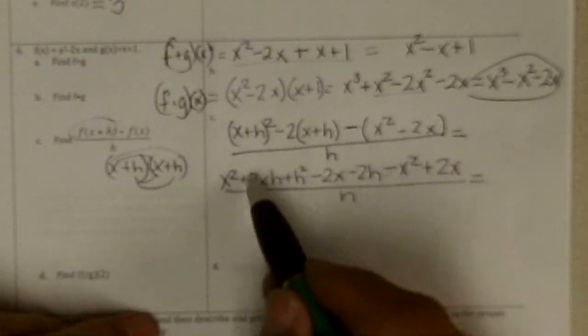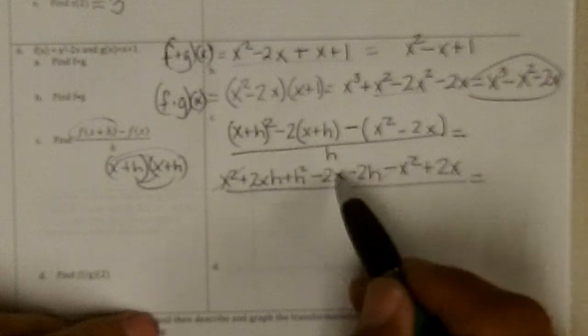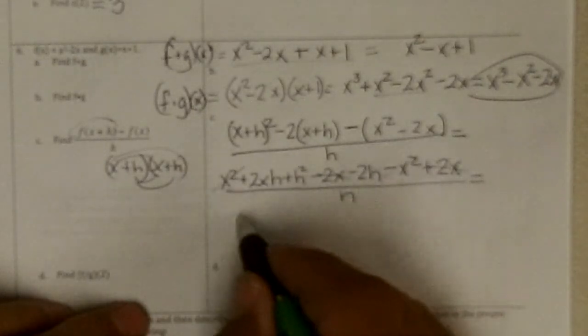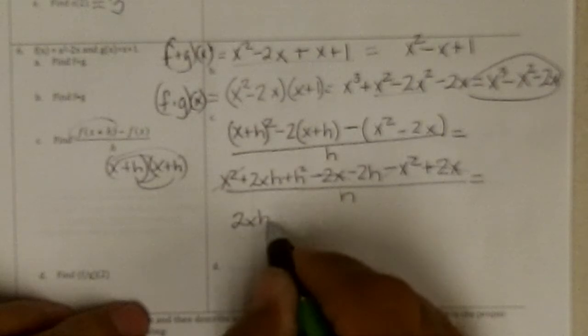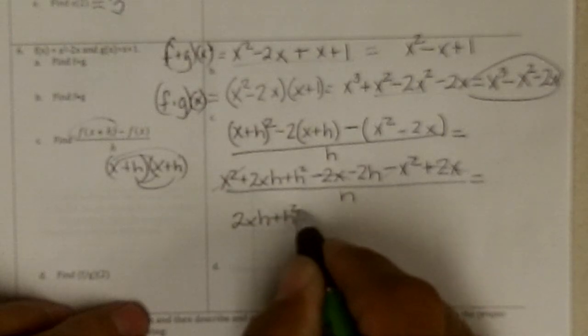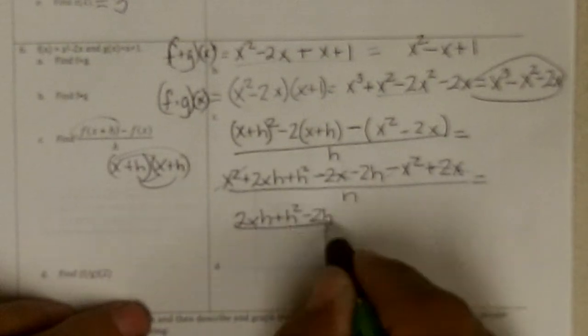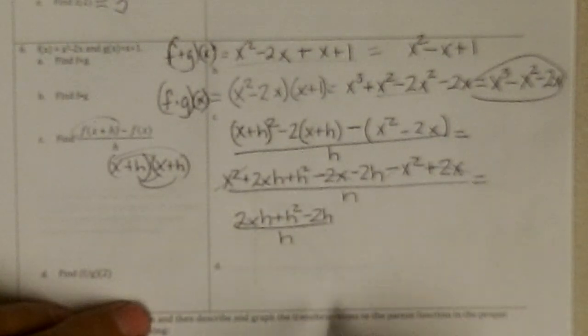The x squareds cancel. The minus 2x and the plus 2x cancel. So I'm left with 2xh plus h squared minus 2h over h.